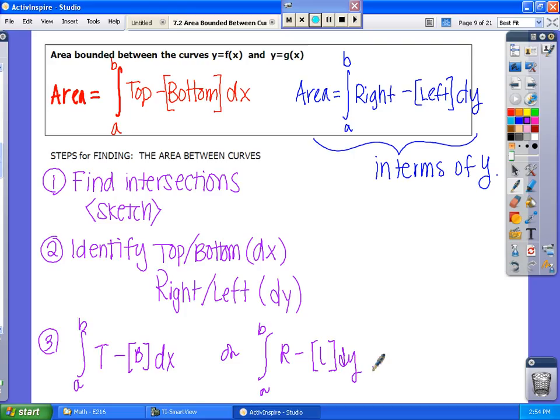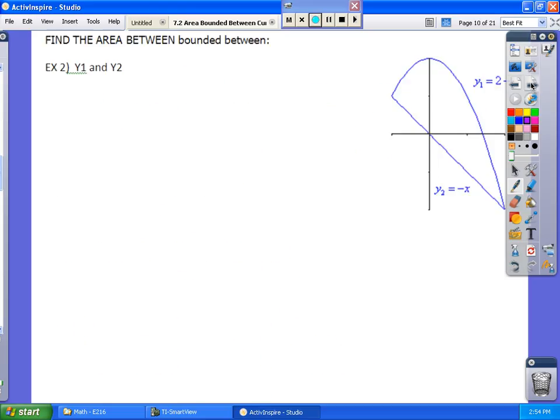So first thing I'll do is review what we did for example 2. We ended up simply realizing that y1 was your top function and y2 was your bottom function, and we did find the intersections together. The intersections were at -1 and 2, and this is how we know we're doing a dx problem, because if I were to draw my representative rectangles, like doing RAMs, they look like the rectangles you're used to.